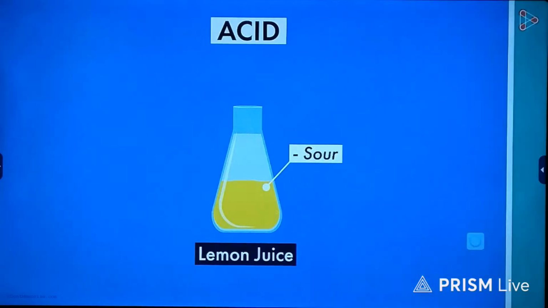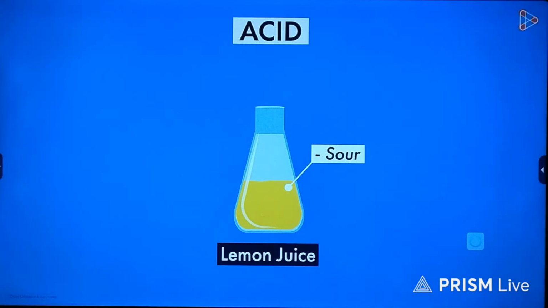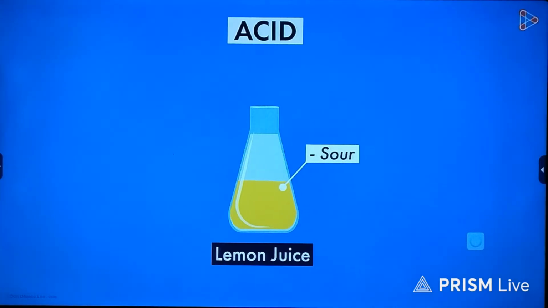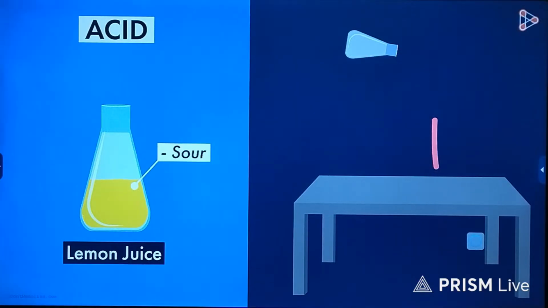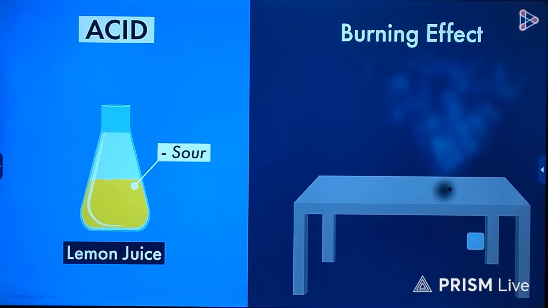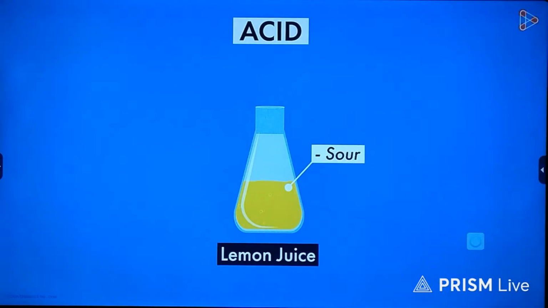To begin with, we have acids. The moment we hear the term acid, something scary or something that would burn surfaces pops up in our mind. Well, that's kind of true, because acids are known to create a burning effect on whatever comes in contact with them. They can erode surfaces or burn the skin when they come in contact with it. That's how acids are.